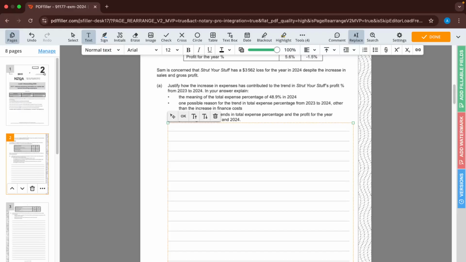So for every $1 of sales, X number of cents is spent on, etc. So I would say the total expense percentage of 48.9% in 2024 means that SYS has spent 48.9 cents on all expenses, and that's all three expenses.